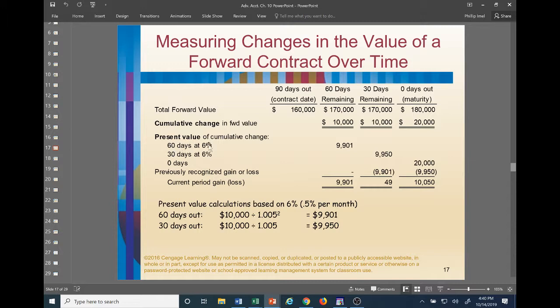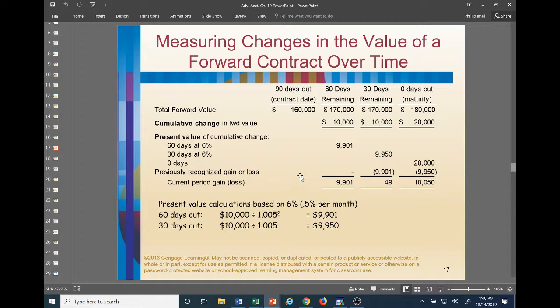So now what about the present value of the cumulative change? We can see down here, the present value calculations based on 6% per annum would be half a percent per month. So 6% divided by 12 gives us 0.5%, which will be applied per month. At 60 days out, we have $10,000 divided by 1.005 squared, which gives us 9,901.